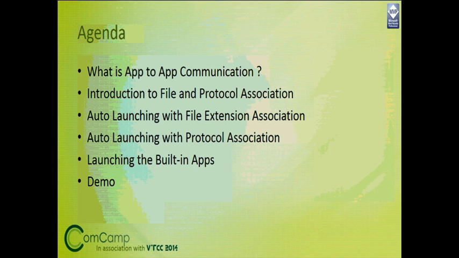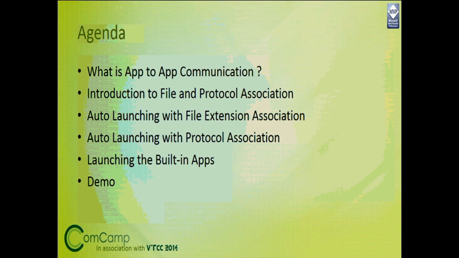So let's get back to the agenda for today's session. First, let's try to understand what exactly is app-to-app communication. That will be the first topic here. And then we'll also get to know why we need app-to-app communication. We'll also see how to implement app-to-app communication in Windows Phone by getting deep into the file and protocol association.